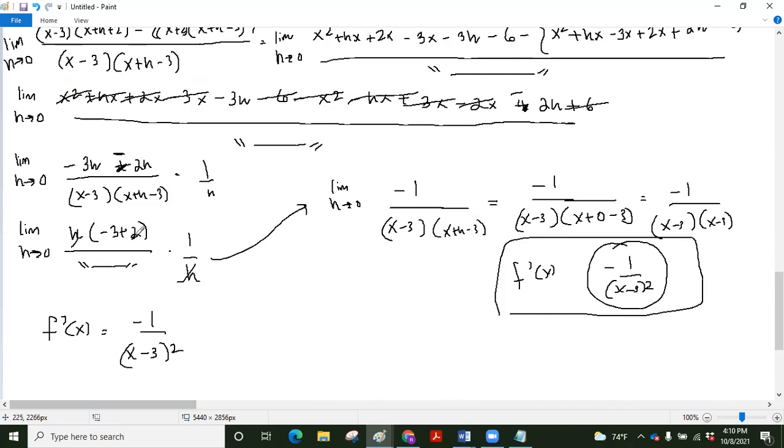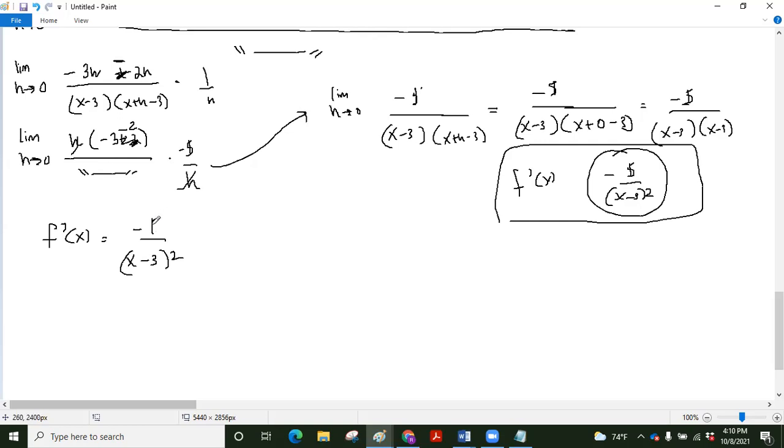So this is negative 3 minus 2, which becomes negative 5. So this should be negative 5 instead of negative 1. So it's instead negative 5 over x minus 3 squared.